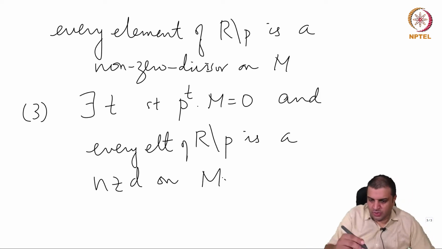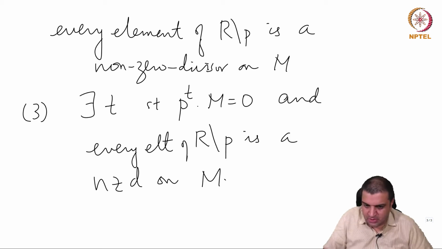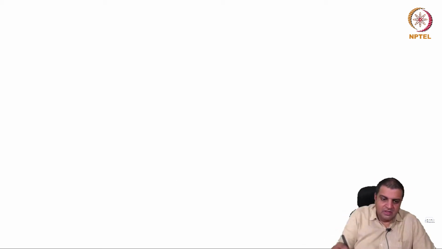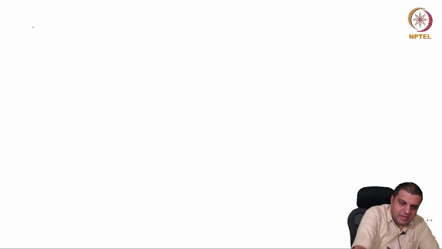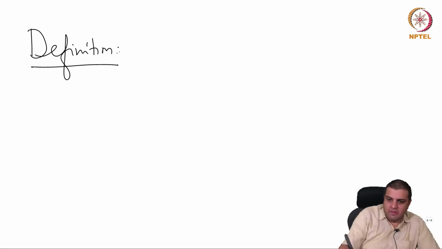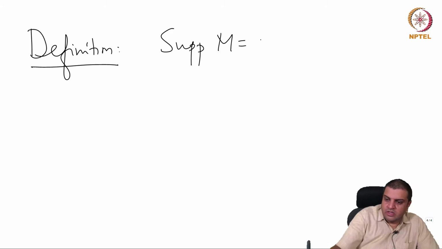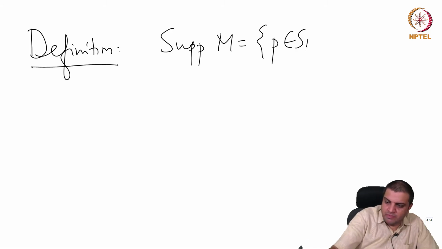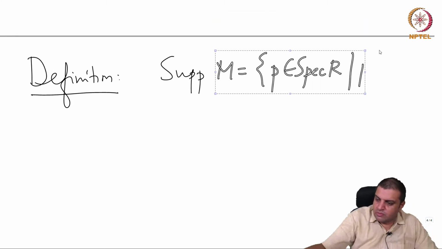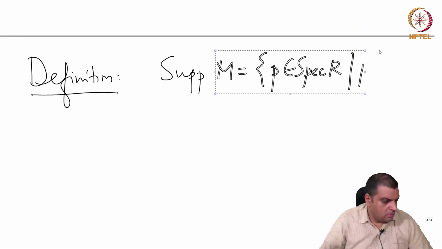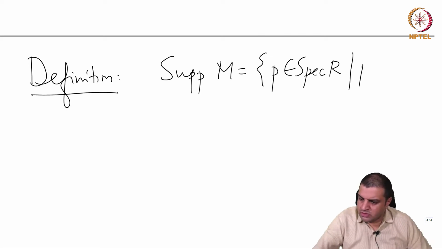Okay. So sorry, I missed 2 definitions here, which I should have done before I got to this. So let's just backtrack and define those things. Definition. Support of M is the set of prime ideals P such that M localized at P is not 0.